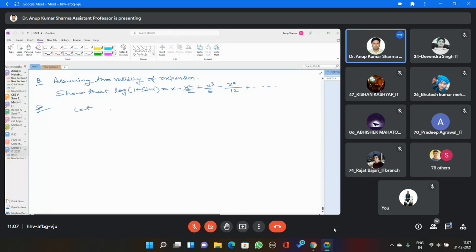Let f of x be equal to log of 1 plus sin x.